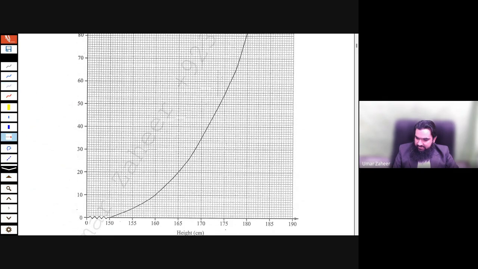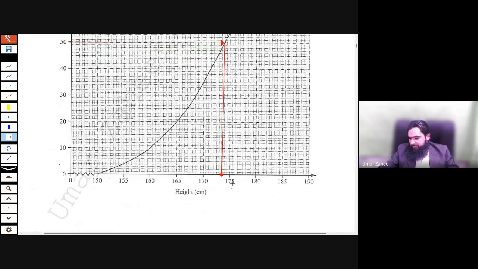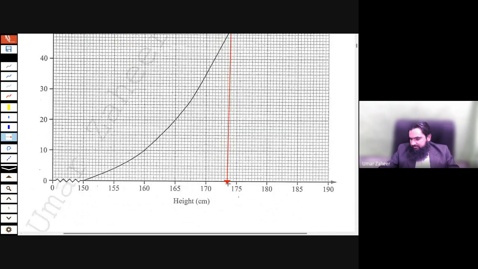So move from the y-axis to the curve and from the curve down to the x-axis. Now look here, from 170 to 175, each block is divided into two.